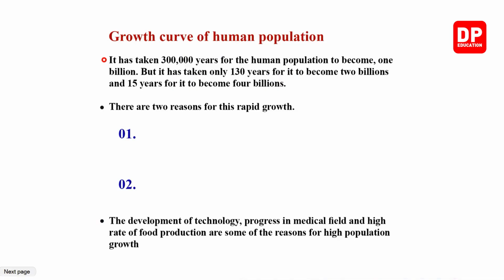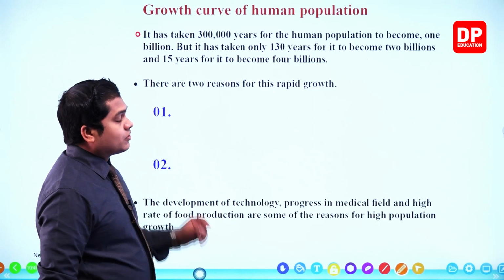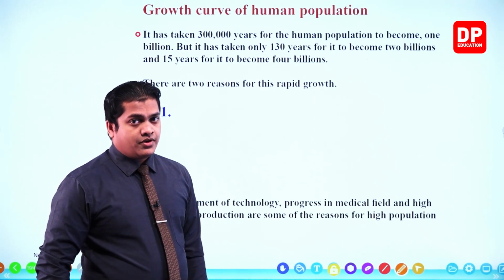Then it has taken 300,000 years for the human population to become 1 billion. But it has taken only 130 years for it to become 2 billion and 15 years for it to become 4 billion. So my dear children, the population growth is given within the first point over here.